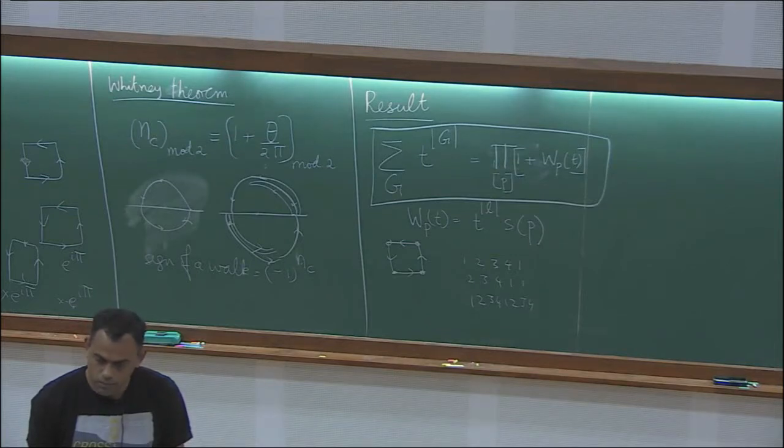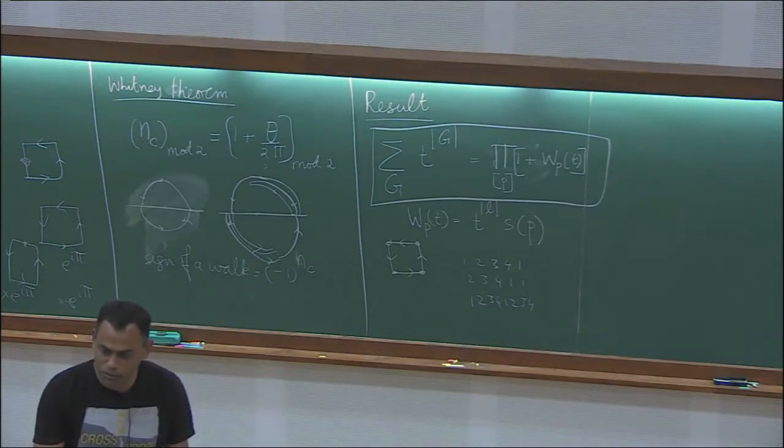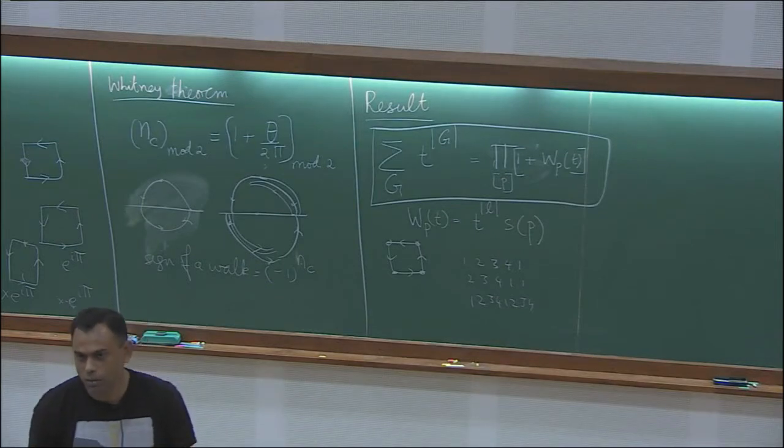So if you have a walk which goes 1, 2, 3, 4, 1, 2, 3, 4, that you don't allow. But if I go 1, 2, 3, 4, 1, 2, 3, 4, 5, 6, 7, 8, 1, 2, 3, 4, then it's okay. It should not be a periodic walk, which is just a product. That is the only restriction.